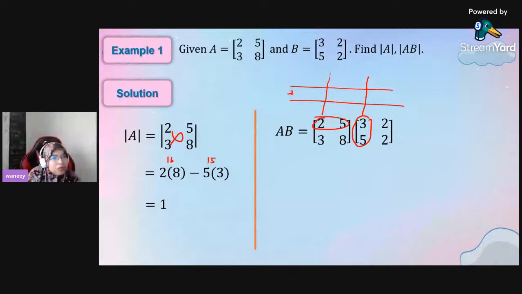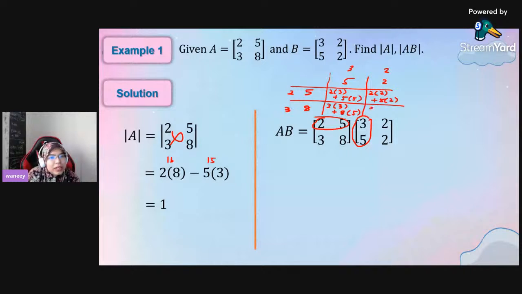Okay, so we have [[2,5],[3,8]] and [[3,2],[5,2]]. 2 times 3 plus 5 times 5. Then 3 times 3 plus 8 times 5. Then this one over here, 2 times 2 plus 5 times 2.